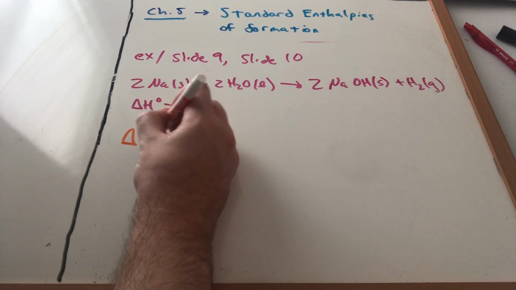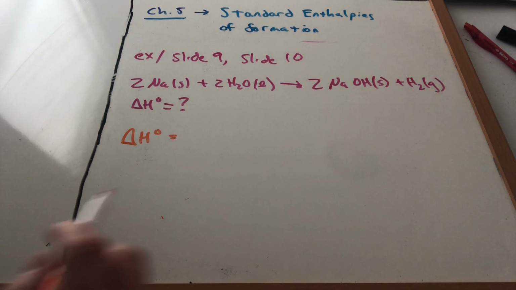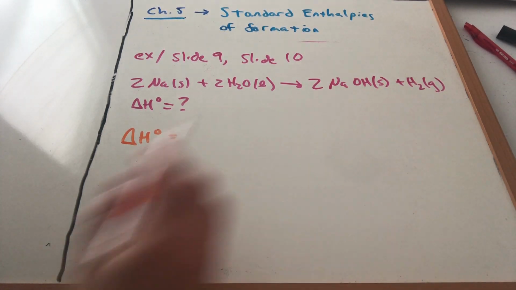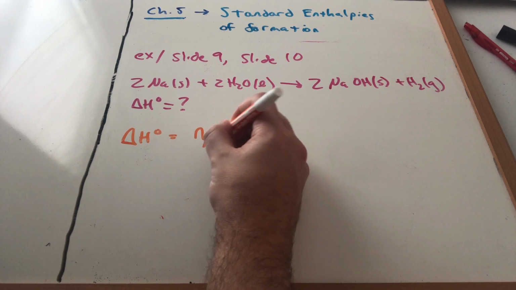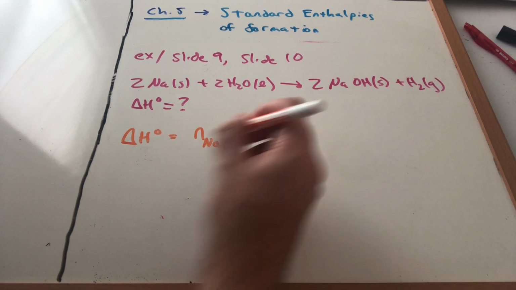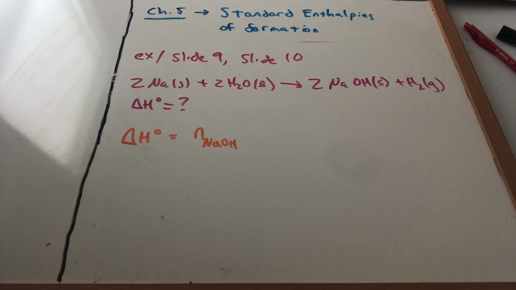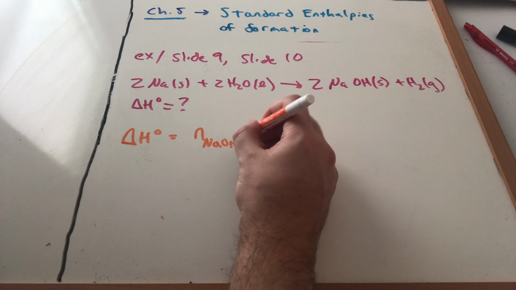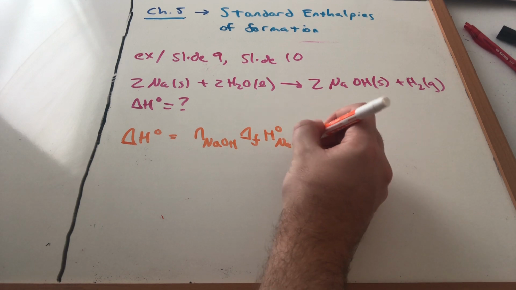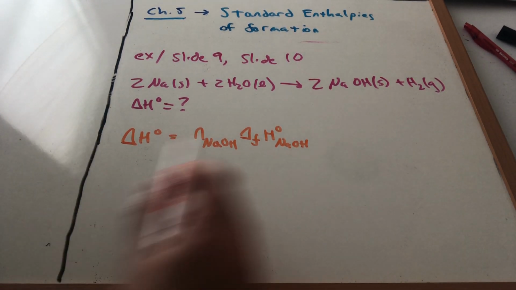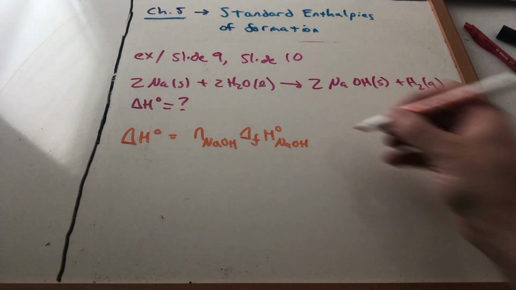Delta H naught for this example, okay, that equation says I look at my product side, all right? And I have to take the number of moles of each product. So I'm going to write this as N of NaOH times the delta formation H naught of each product, right? And then what I do is I add them together.